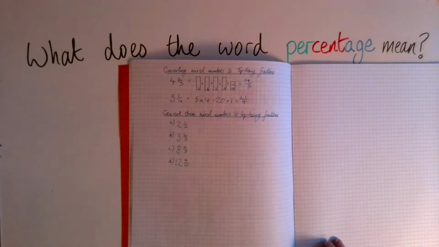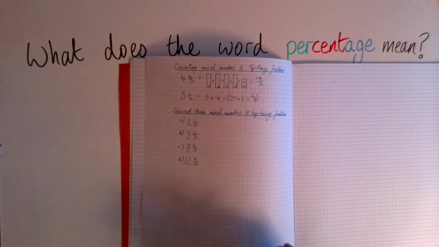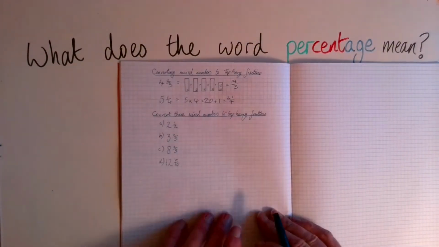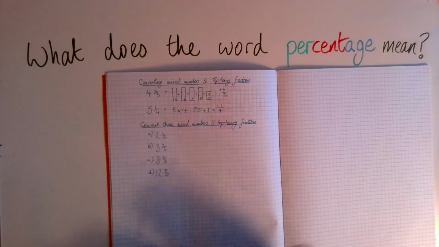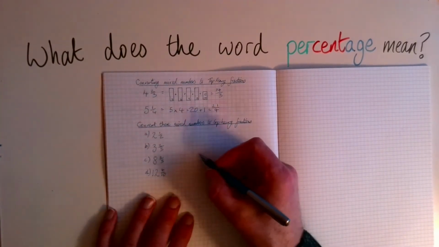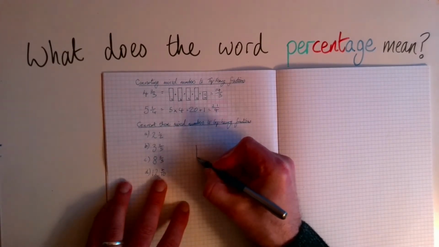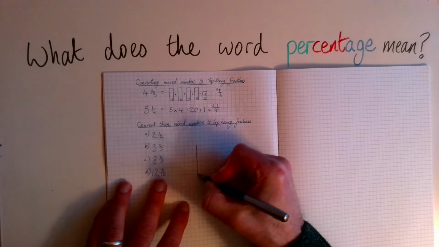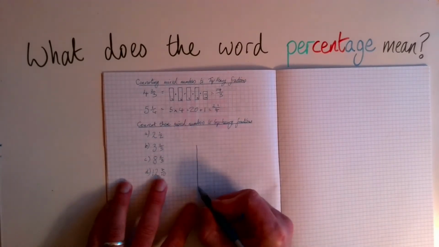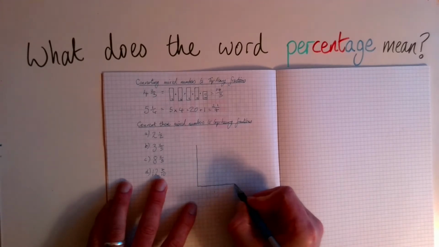Now we have been doing lots of different pictures of fractions and things, haven't we? So we're going to continue with that idea now, just to think another way, in case that out of 100, if we wanted to, think about it in terms of a big square. 1, 2, 3, 4, 5, 6, 7, 8, 9, 10 by 1, 2, 3, 4, 5, 6, 7, 8, 9, 10.